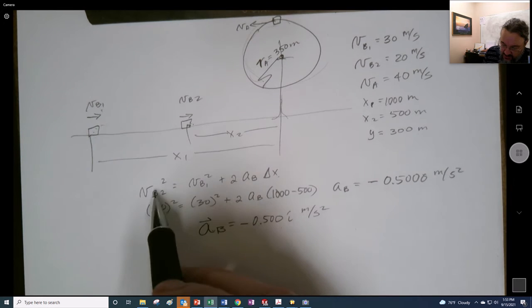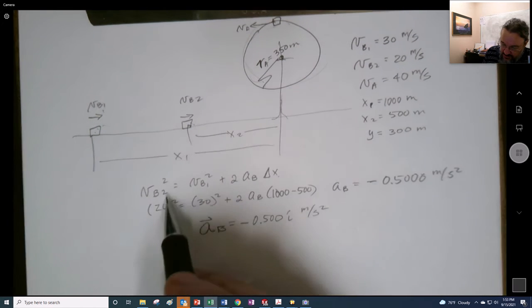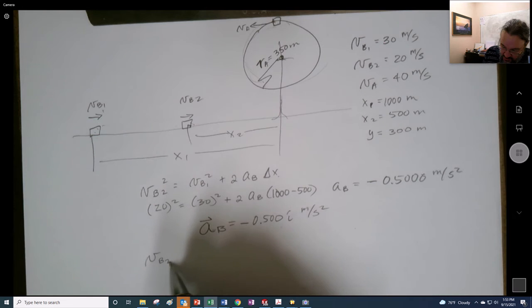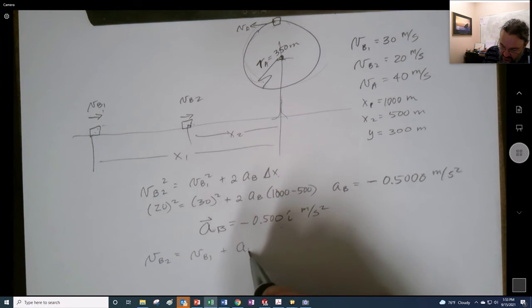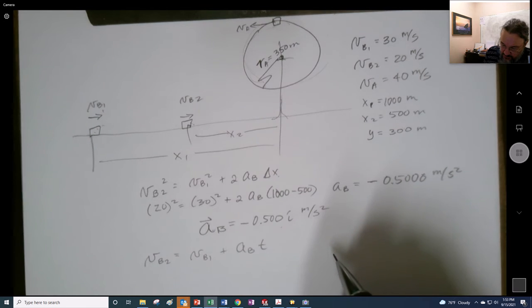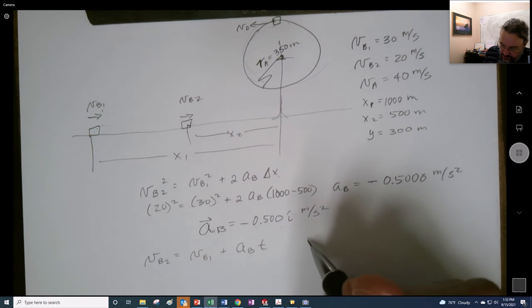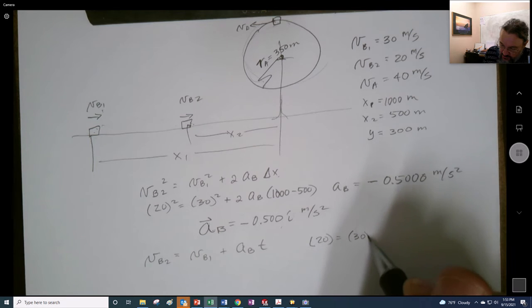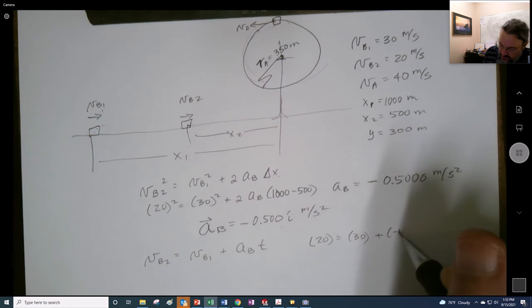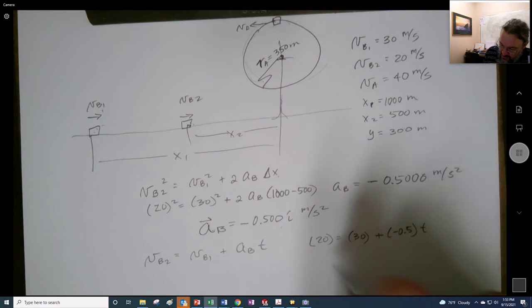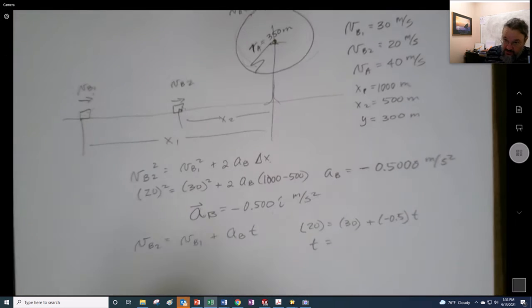So now that we have the acceleration and the initial velocity and then final velocity, we could say VB2 is going to be equal to VB1 plus the acceleration of B times time. So we could just stick that in there and say 20 equals 30 plus negative 0.5 times time, and we can solve for when that's going to happen.